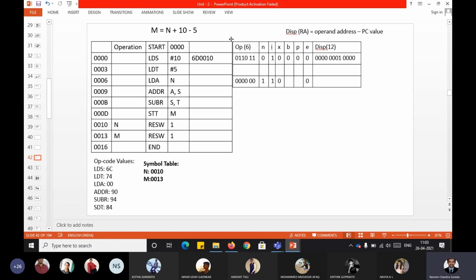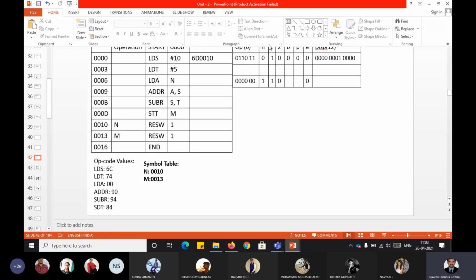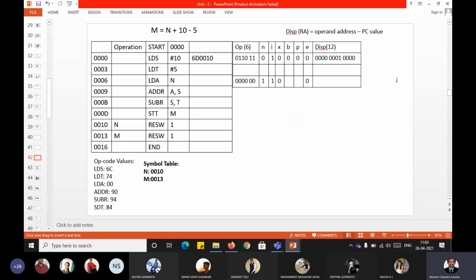0010. So for your understanding, let me place one more value here. What is the operand here? It is n. So what is the address of that n? It is 0010. That is the operand address, minus the PC value. When you are pointing at this instruction, obviously PC will be pointing to the next instruction. So what is the PC address? It is 0009. So the PC value for this instruction is 009.